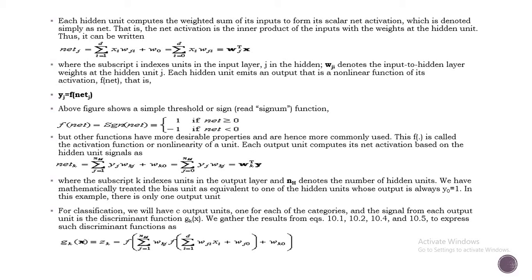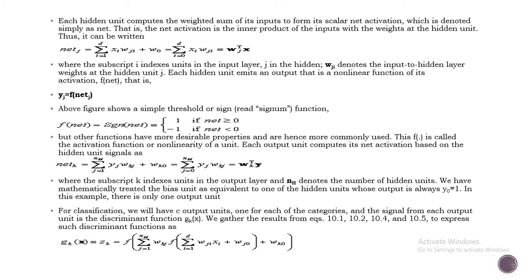Each output unit computes its net activation based on the hidden unit signals as net_k is equal to summation of j equals 1 to n_H of y_j w_kj plus w_k0, which is equal to summation of j equals 0 to n_H of y_j w_kj, which is equal to w_k transpose y. In the above equations, w_ji is an input layer equation and w_kj is an output layer equation.